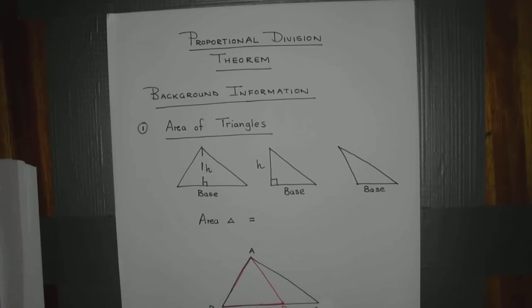The first section we're going to be doing this week, which is called the proportional division theorem. That doesn't really have anything to do with the grade 11 Euclidean geometry. But the moment we get to the second section, which is called similarity, then you're going to need all of that information from the grade 11 circle geometry.